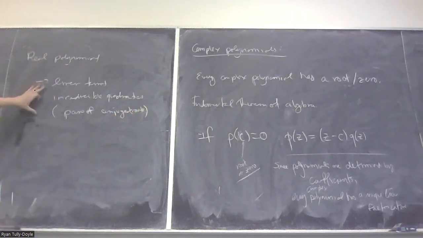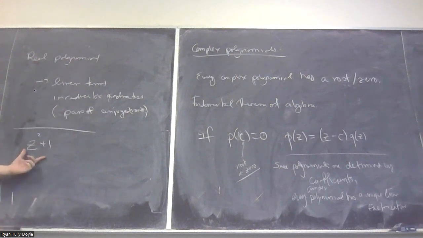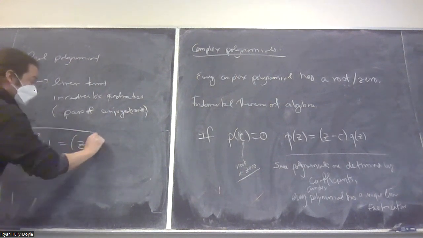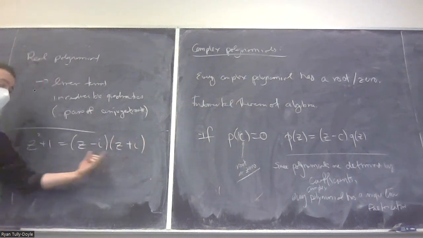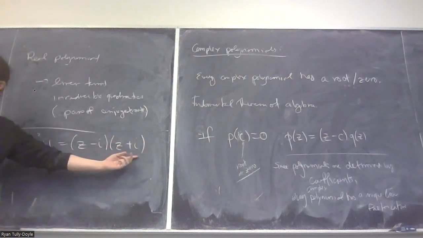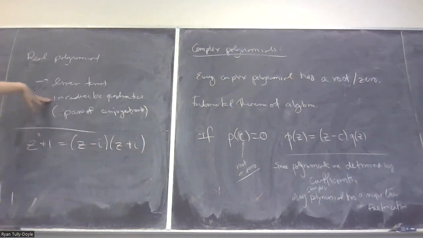If you're going to have complex roots in a real polynomial, you always end up with plus or minus complex numbers. So z squared plus 1 does not have real roots, but because it has real coefficients, the roots for this polynomial will always occur in complex pairs.